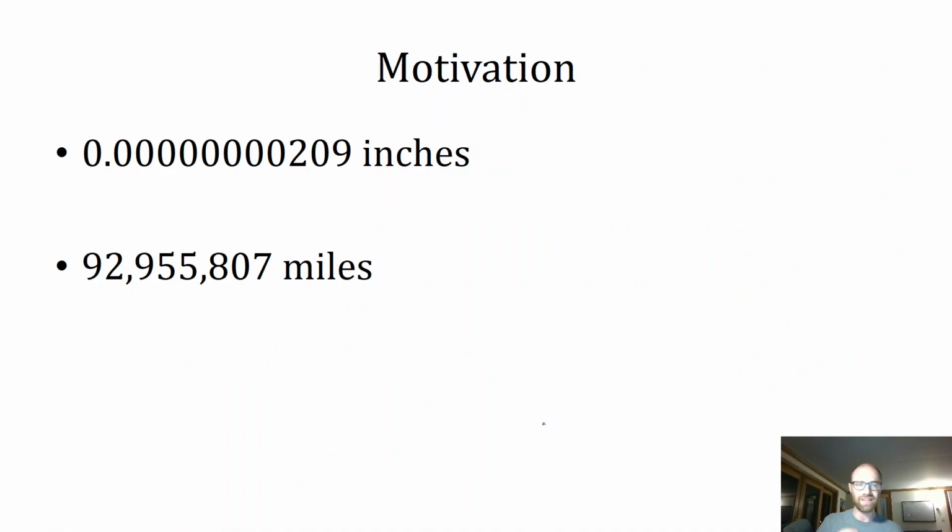So to get our way into the new unit, unfortunately we have to start talking about a few numbers. These two measurements are ones that I researched online. This first one here is the radius of a hydrogen atom, which is rather small.